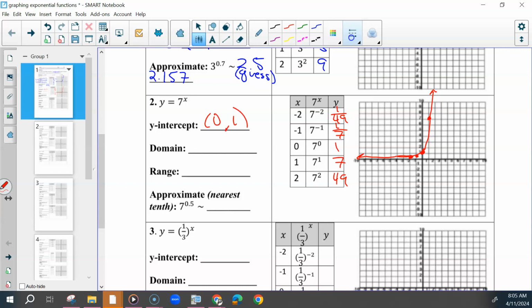The domain. And then the range, where does that start? We're looking lowest to highest.